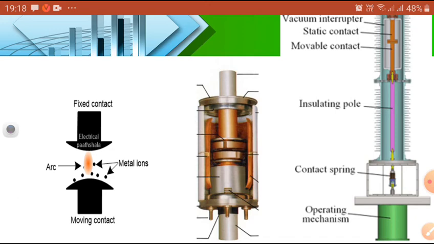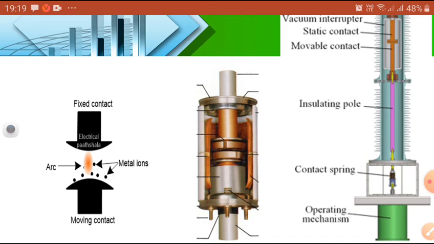Who is that? It is the relay system. The relay takes the decision based on the CT and PT, current transformer and potential transformer. Then whenever it receives the signal from the relay system, the moving contact tries to move away from the fixed contact.